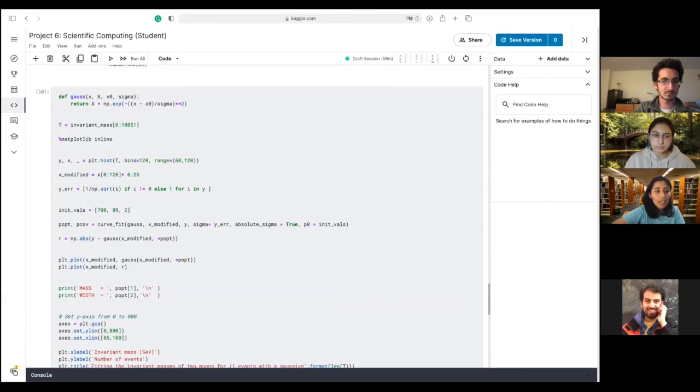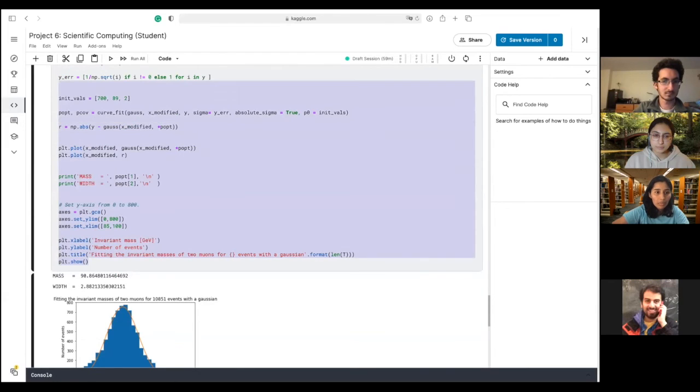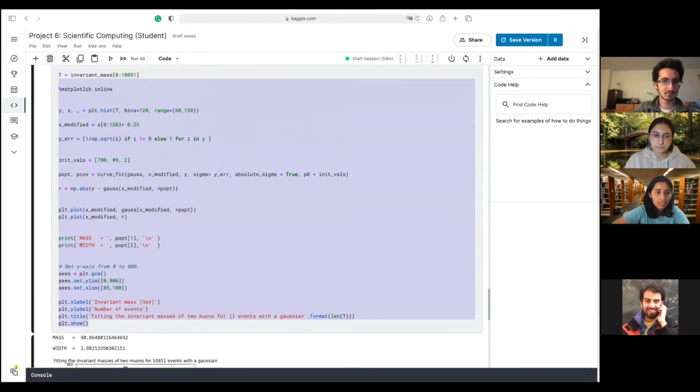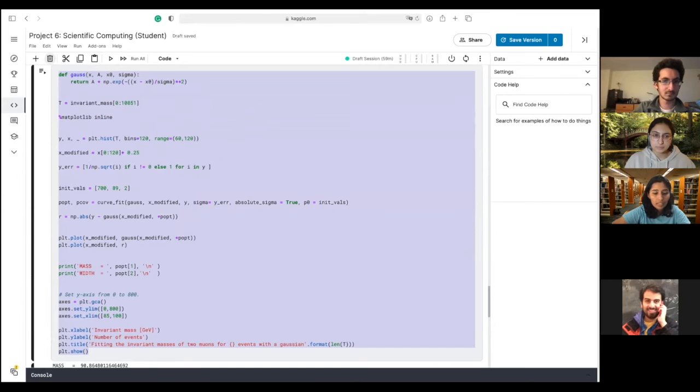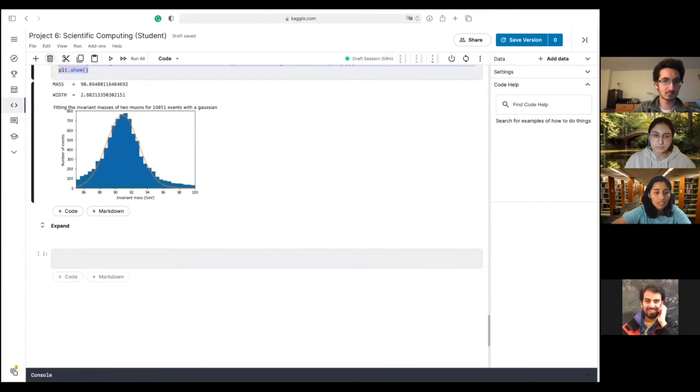So here I copy pasted this part of the function to this thing.